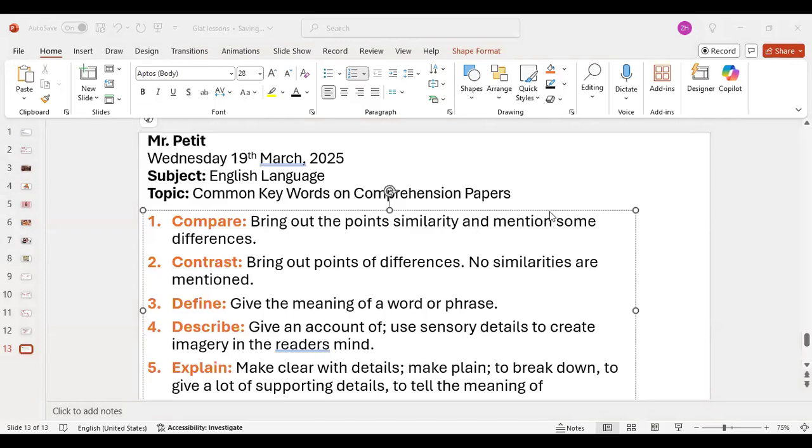Okay. So if the story says Rhonda was a buxom lady with a palpable odor, right? Rhonda was a buxom lady with a palpable odor.